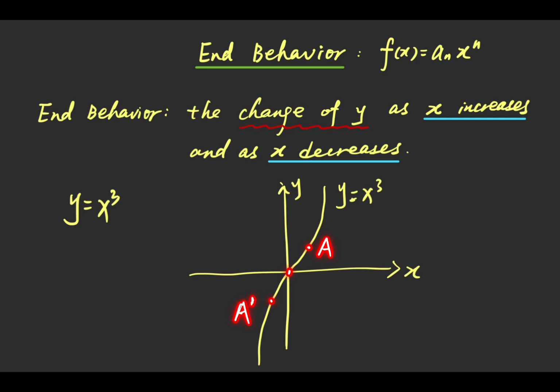We say this is point symmetry. Of course, we will discuss this question deeply in the future. You just need to know for this function, if this exponent is an even number, it will be symmetrical over the y-axis. If this number is an odd number, its graph will be symmetrical over or about the origin.